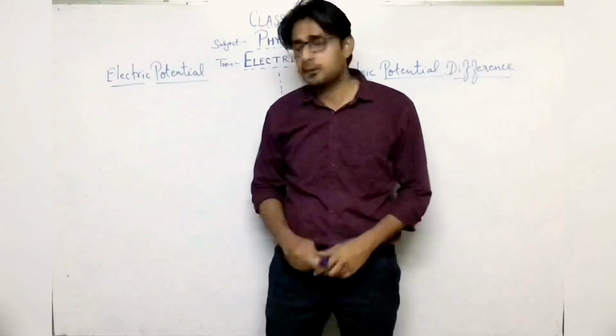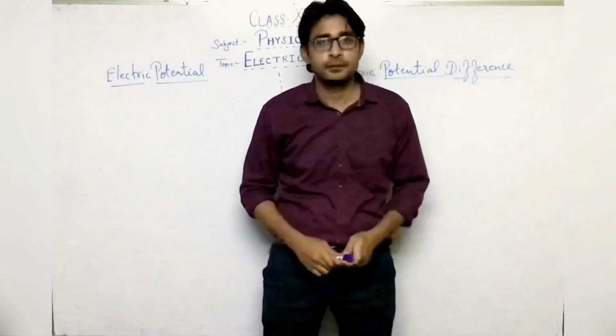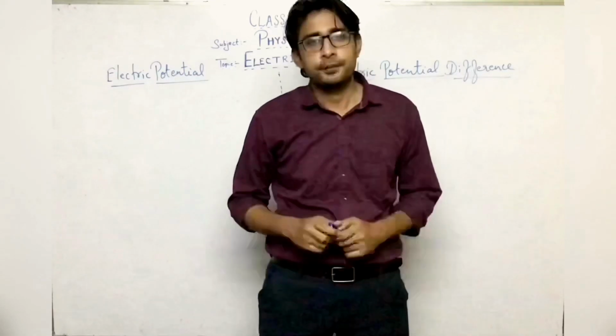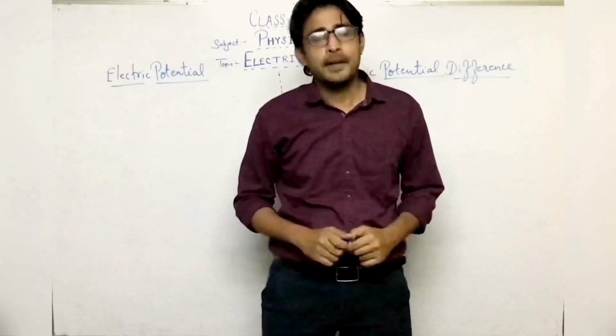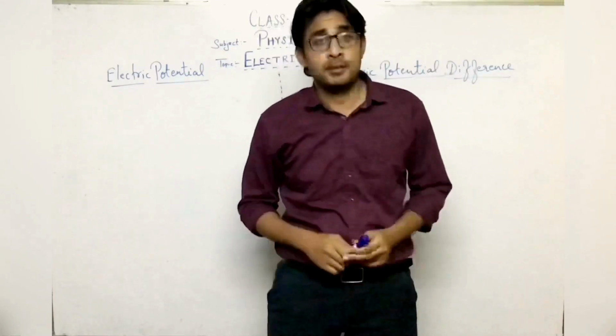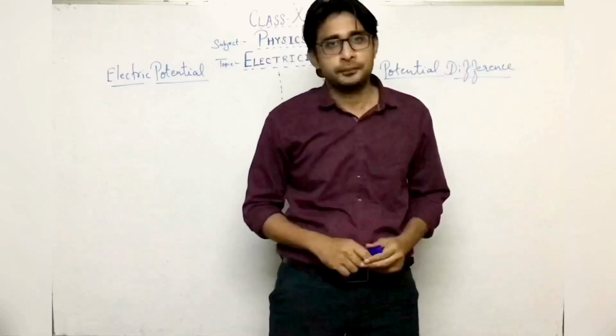Now we will learn about electric potential and electric potential difference. Let us start with some general knowledge. I think many of you will know that we are receiving 220 volt electrical supply through wires at our home.